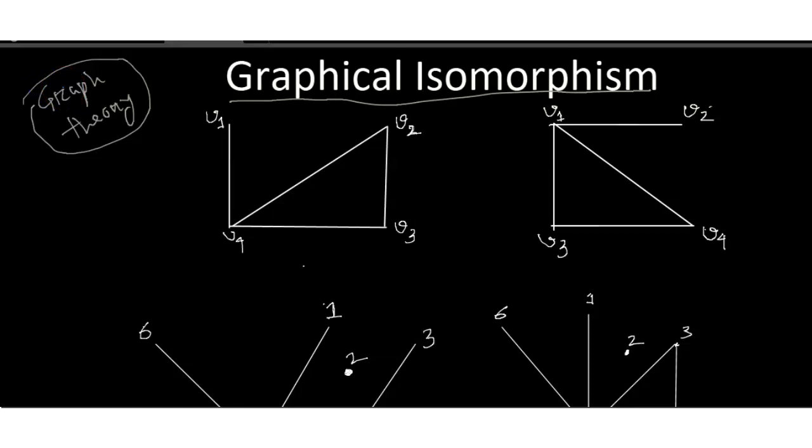These two graphs are isomorphic to each other. Only the second graph is rotated in this direction, so that is why we can call them isomorphic.